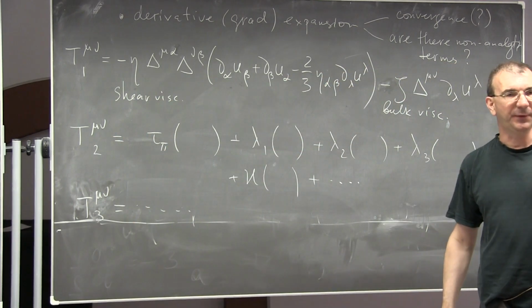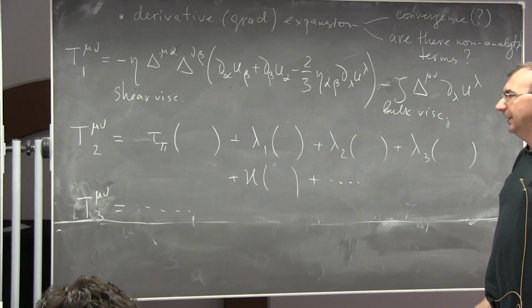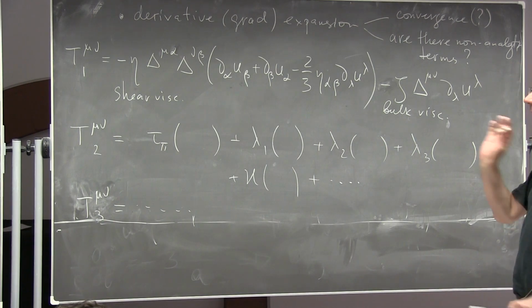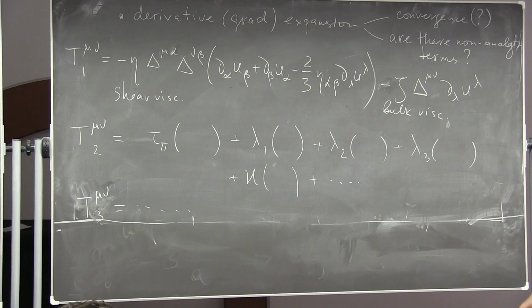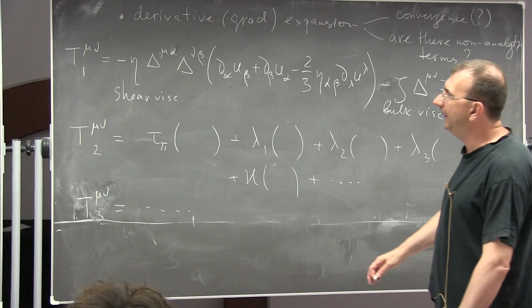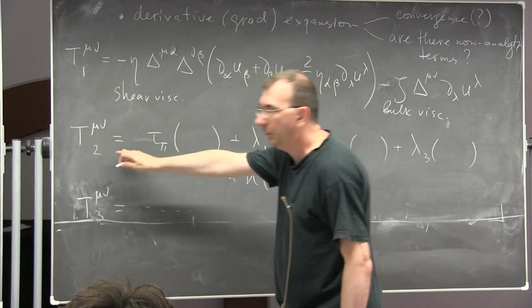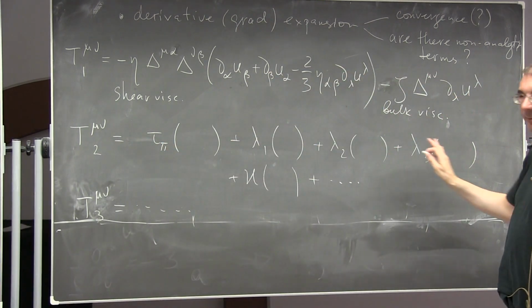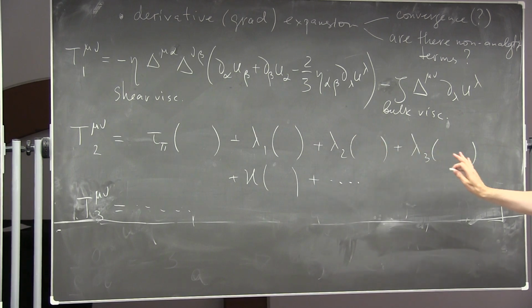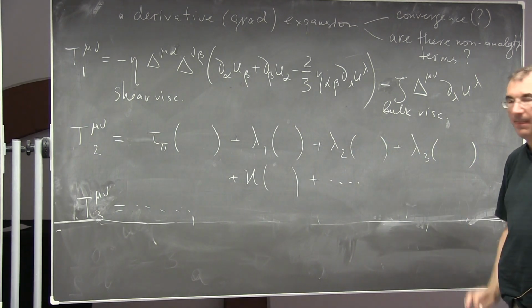In fact, this process is not completely trivial, and at the moment, what is known for relativistic hydrodynamics is the structure of T mu nu 2. So this has been classified completely, and we know how many transport coefficients we have here.